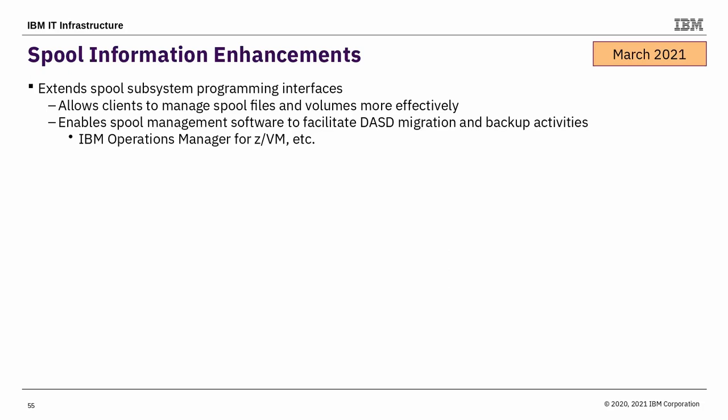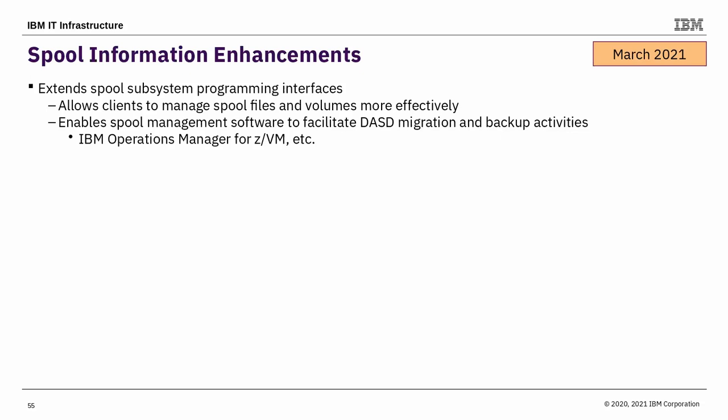The diagnose API that lets you query spool information now tells you which volumes a given spool file has any data on, and it also has some extra filtering information. I think it didn't used to be the case that you could use those APIs. So there's a diag and there's a *SPL info or something like that.